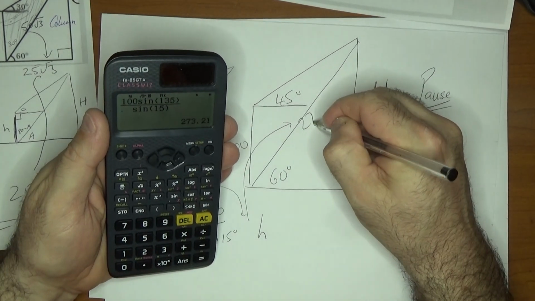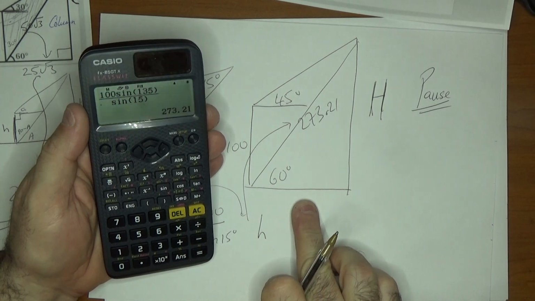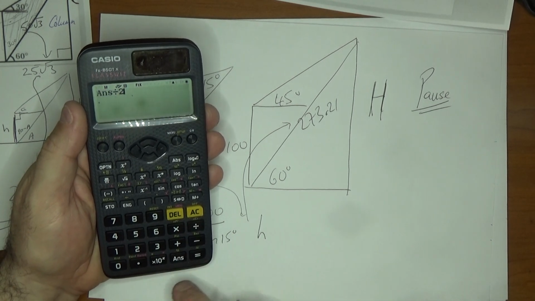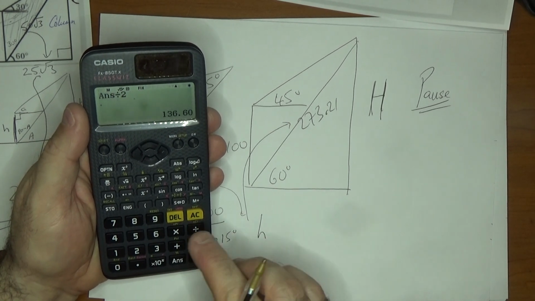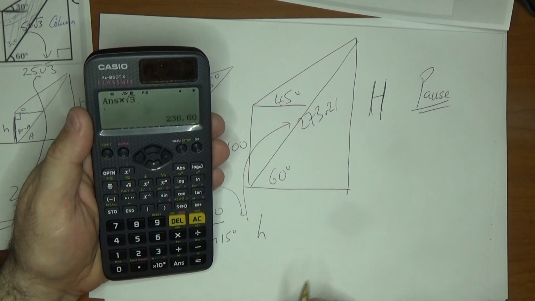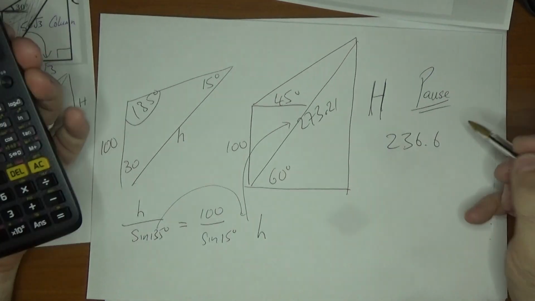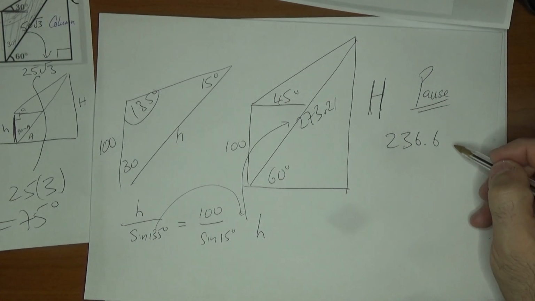Okay, giving me 273.21. Now I'll divide that by 2 to get there, and then I'll multiply that by root 3 to get up here, and you get 236.6 whatever centimeters or meters, whatever way the question is given.